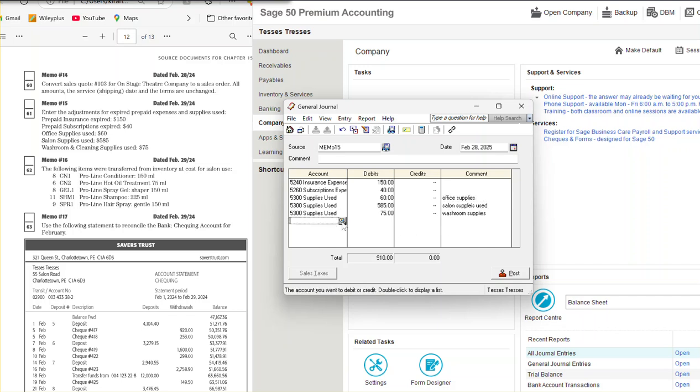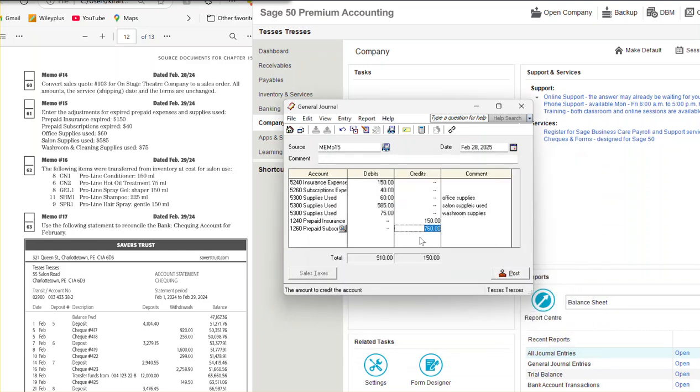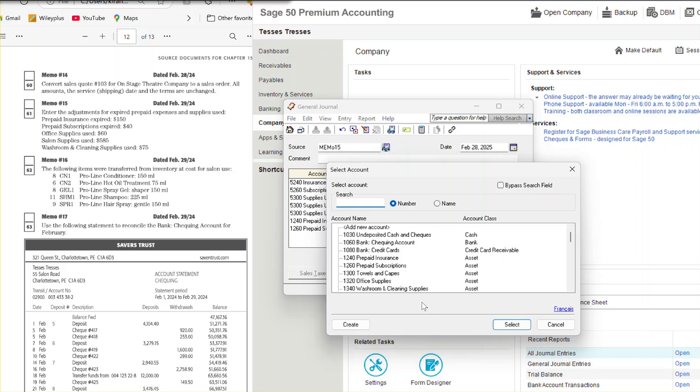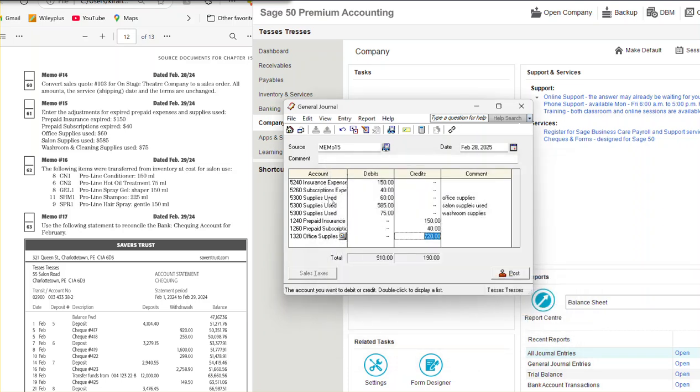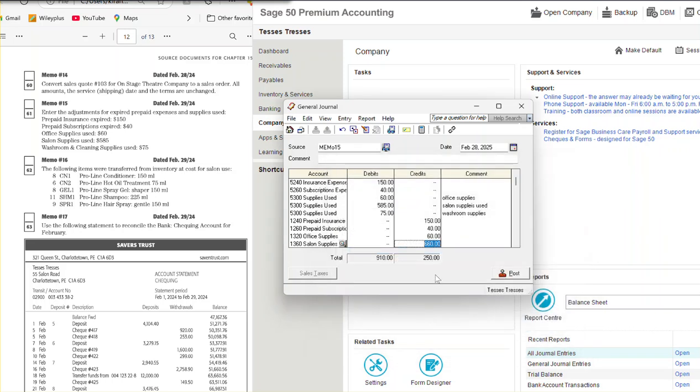Now you're going to credit the prepaid insurance. That was for 150. Go to the next line, prepaid subscription. That was your 40. First one, you have to look at it. You have office supplies, which was 60. And next we have salon supplies, and that was 585.